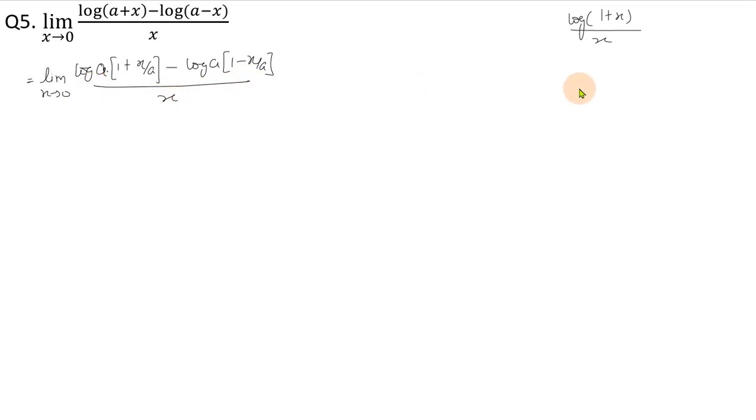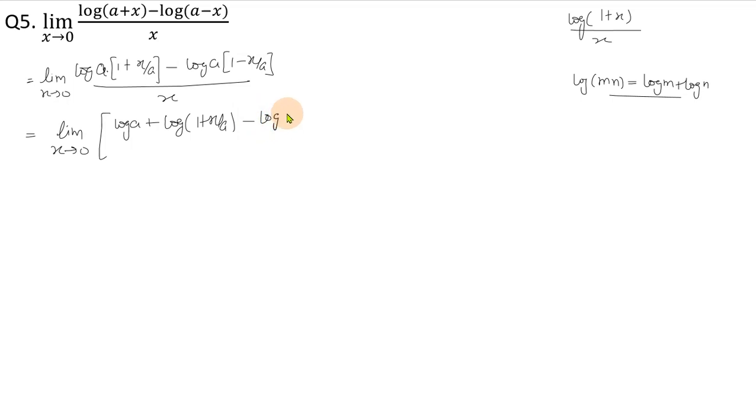Now applying the properties as I just told you, log m into n equals log of m plus log of n. There are two terms, log of a into this term, bracket with bracket. So this is equal to limit x approaches 0, we write it as log of a plus log of 1 plus x upon a minus log of a.